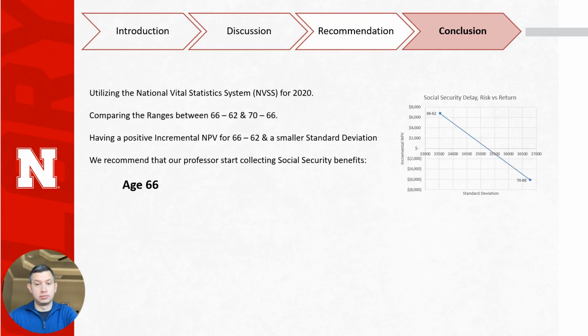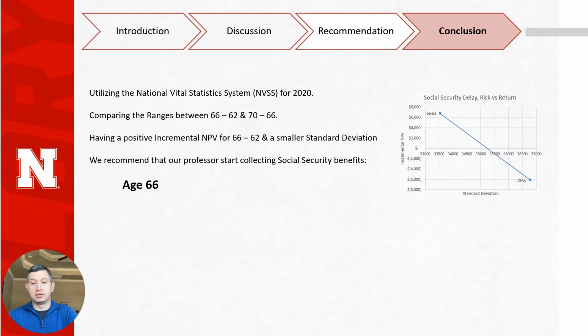So in conclusion, we utilized the data published by the National Vital Statistics Systems for 2022, focusing on the mortality rate of a woman between the age of 62 to over the age of 100.